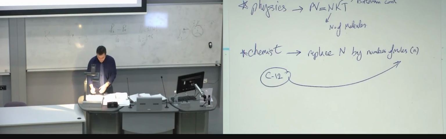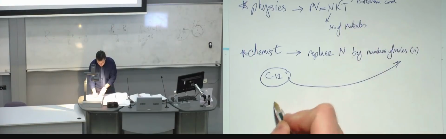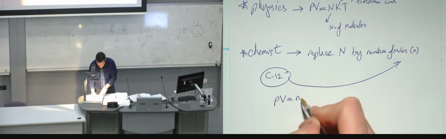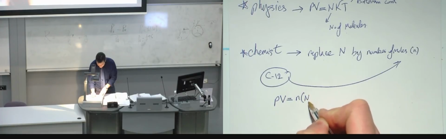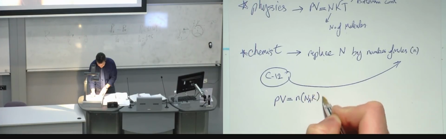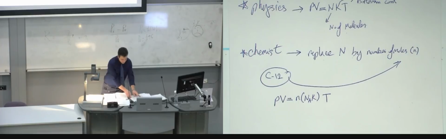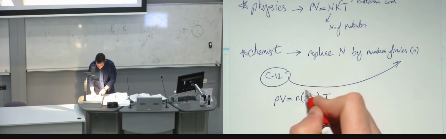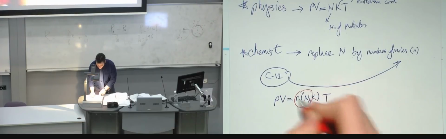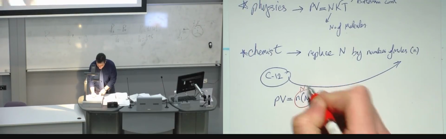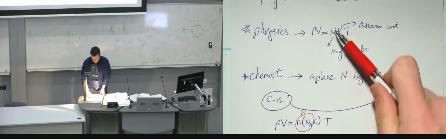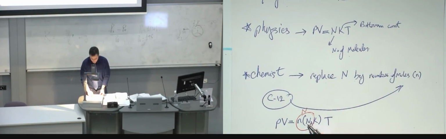So as far as chemists are concerned, that equation is now converted to PV equals N_A k T, and that N times N_A is what we had in the original equation as the N. So that N there is now written as a number of moles times N_A.